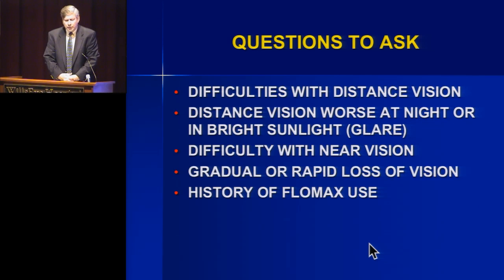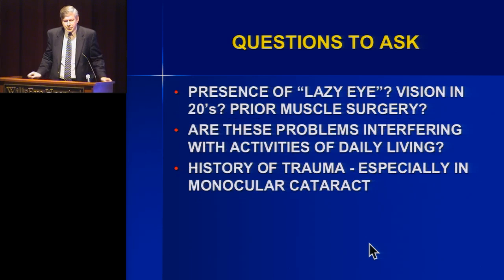And you also want to ask about a history of Flomax use, and we'll get into that a little bit later. Other questions. Is there a presence of a lazy eye? What was their vision like when they were in their 20s? Did they have muscle surgery? You want to really find out if they've had amblyopia, because obviously that's going to impact on their final outcome.